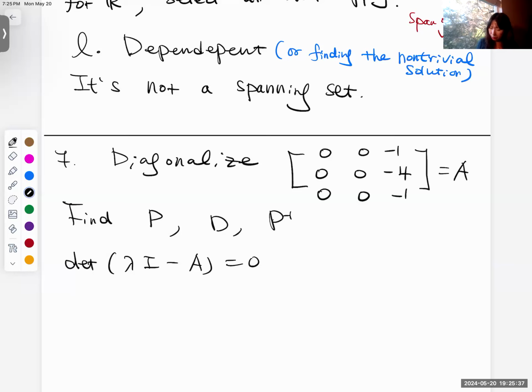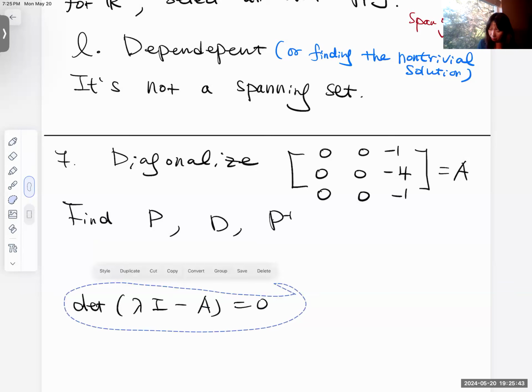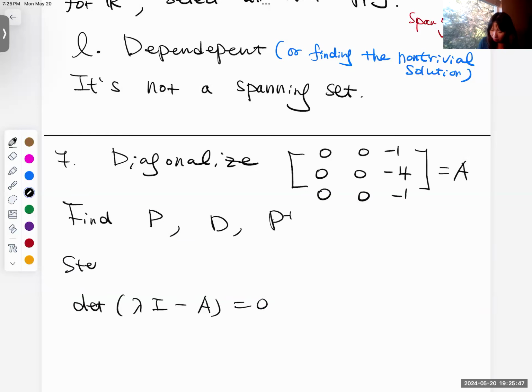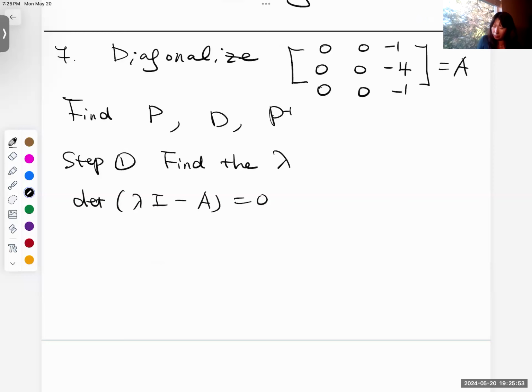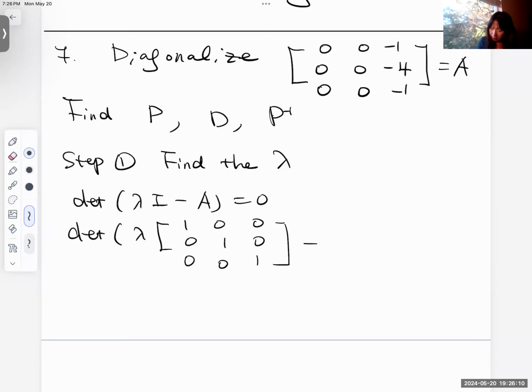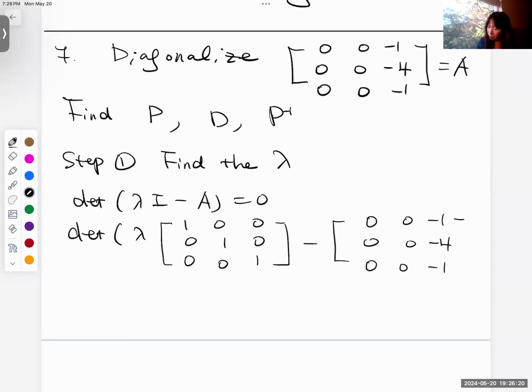So we want to find lambda first. Okay, so determinant of lambda times the 3 by 3, so 1, 0, 0, 0, 1, 0, 0, 0, 1, minus A, which is 0, 0, negative 1, 0, 0, negative 4, 0, 0, negative 1, equal to 0.